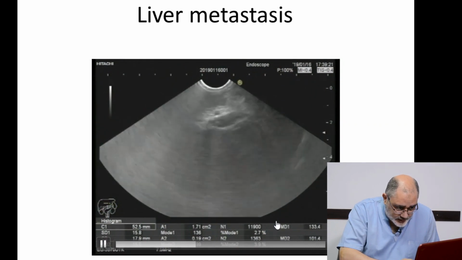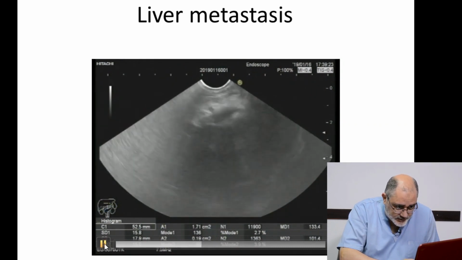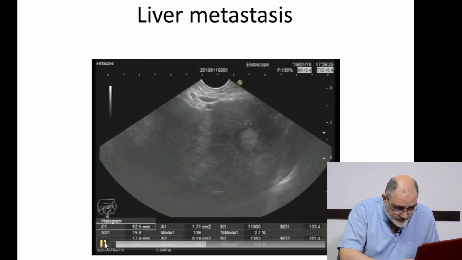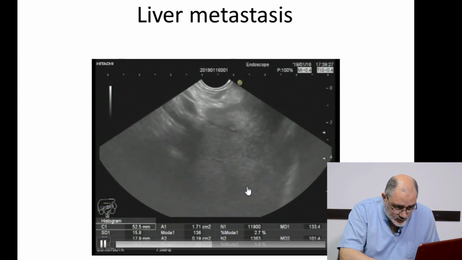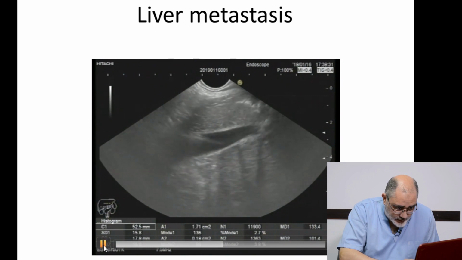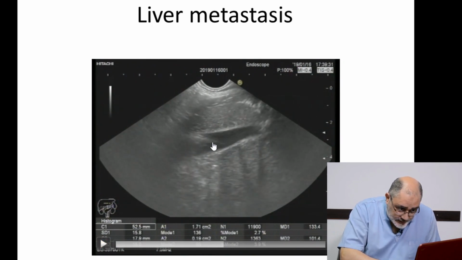is the heart. And here this is the fish eye appearance again, the left portal vein, and also there are focal lesions throughout the liver, and this is the intrahepatic portion of the IVC.